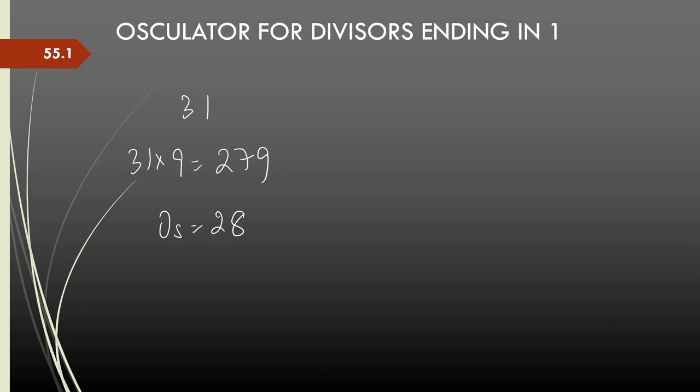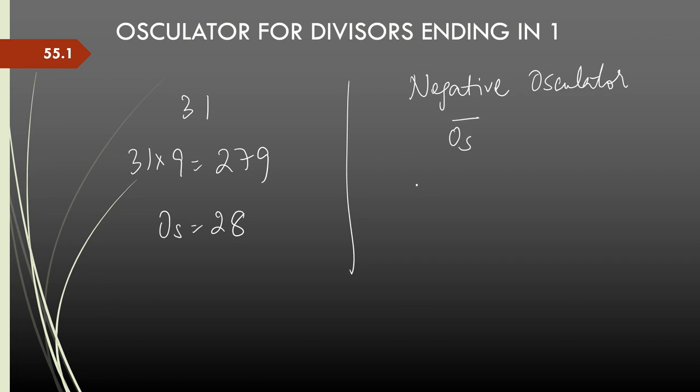So, what we can do is the process with 28 as well, and we will eventually get the result whether it is divisible or not, but we will not do that. We do something called a negative osculator with a slightly modified process. In this case, let us call that OS bar. For 31, OS bar is just 3, drop the 1 and just 3.